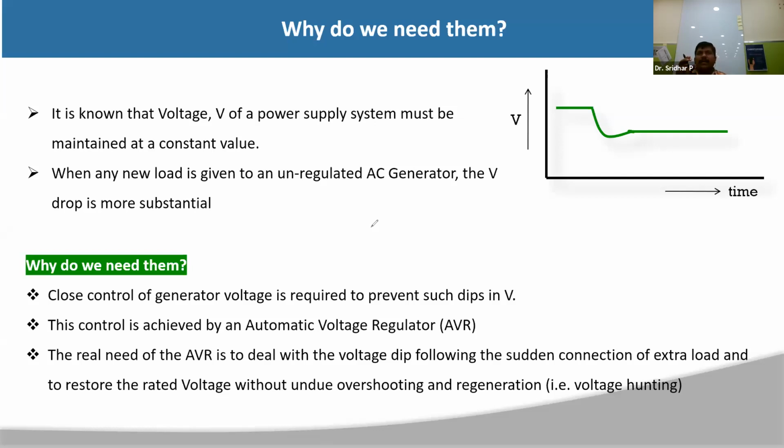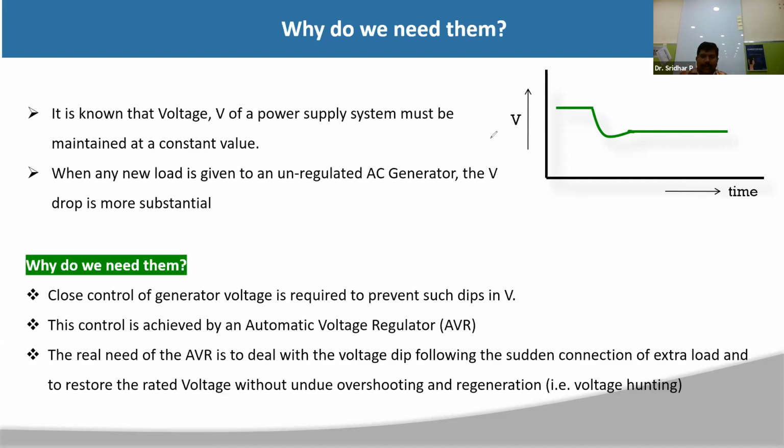You can see the difference in your lighting loads. Whenever you switch on that load, for a short period the illumination or brightness slowly decreases. Whenever you switch off that three-phase load, it regains its brightness. So this is the case.